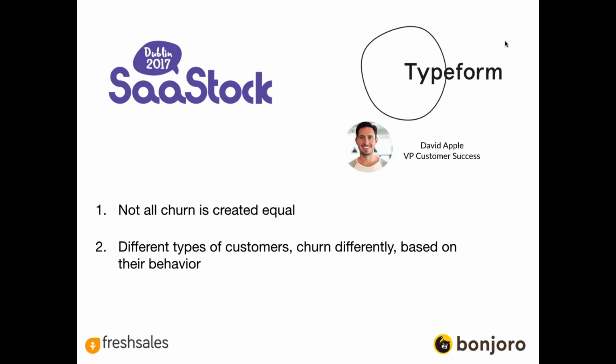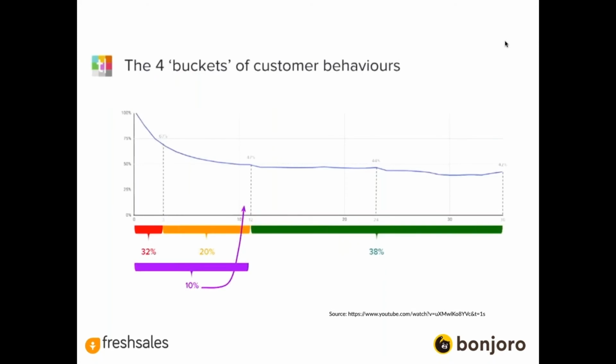So the two things that we really learned from David were around this. What Typeform did to understand their churn was segment their customers based on customer behavior. They realized they had 4 different types of customers. One was one-offs, people who would sign up for Typeform, use it once, and then churn.